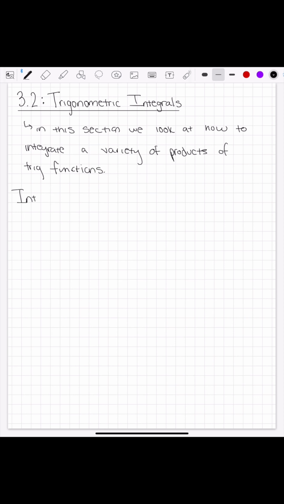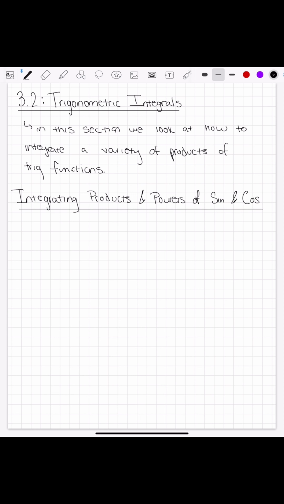So when you're integrating products and powers of sine and cosine, a key strategy involves rewriting them in the form the integral of sine to the jth power of x times cosine of x dx, or cosine to the jth power of x times sine x dx.